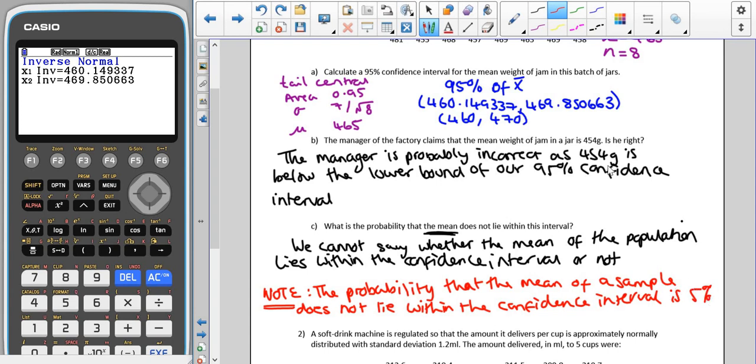And the reason why it's 5% is because we had a 95% confidence interval, which means that there's only a 5% chance that a mean of a sample does not lie within the confidence interval.